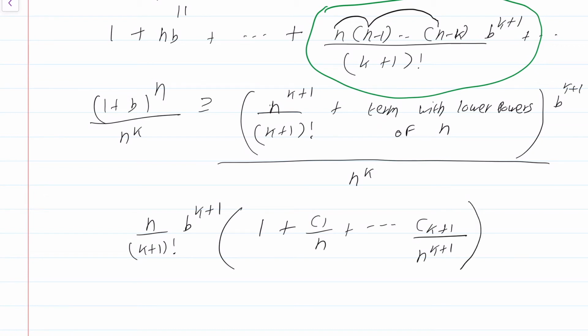Okay, what have I done? Well, there is an n power k coming in the denominator, and that will cancel off with n power k plus 1, and you will be left with n by k plus 1 factorial b power k plus 1.